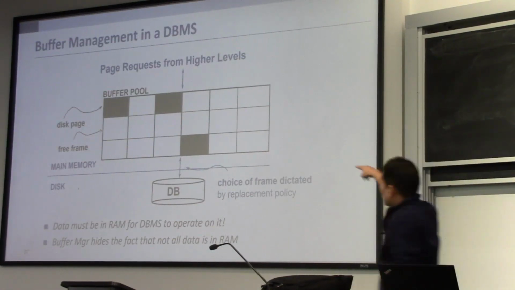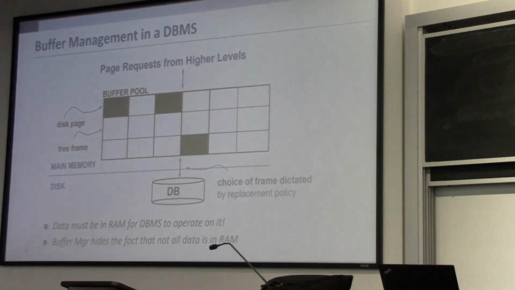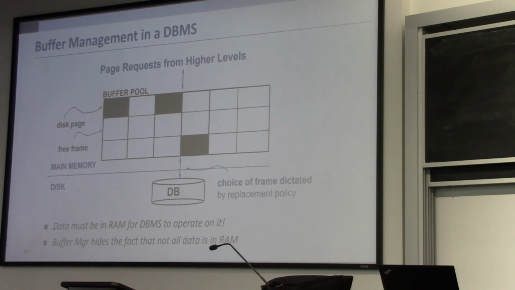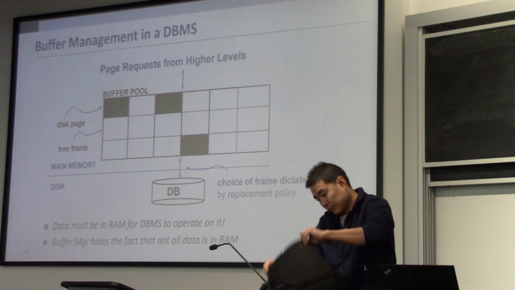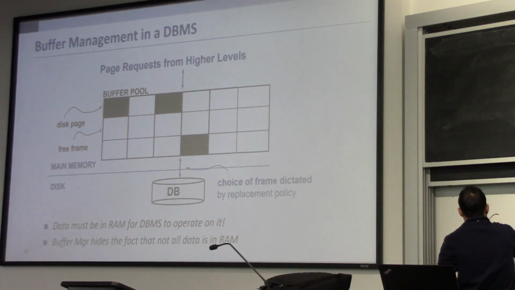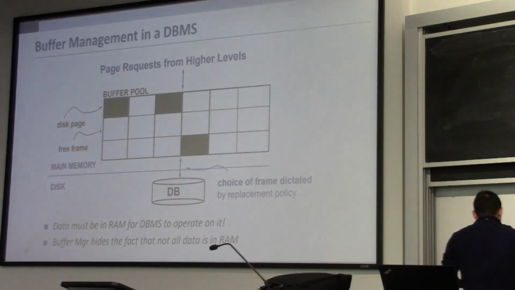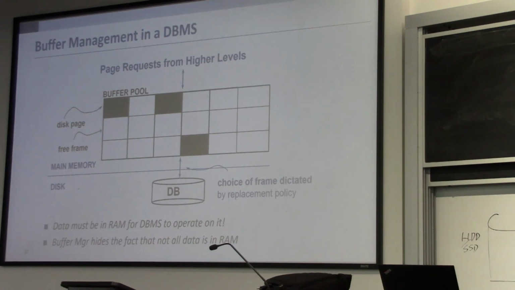So each of the frames here represents a page in main memory. And a darker color frame indicates that that frame is used to cache a particular page from disk. So the way it works is that you have disk, this is your hard drive and solid state drive. Okay? Durable storage.